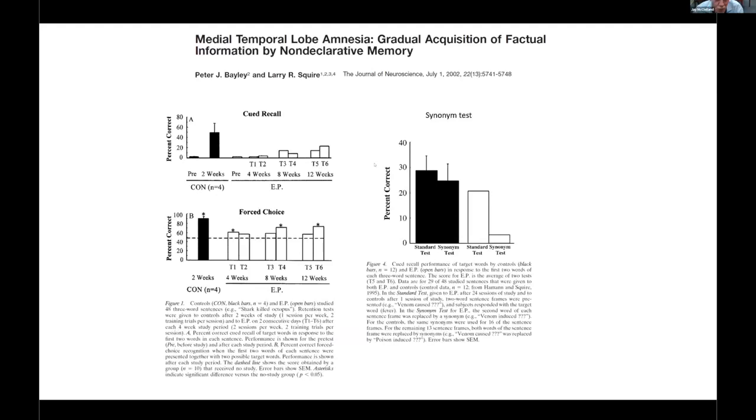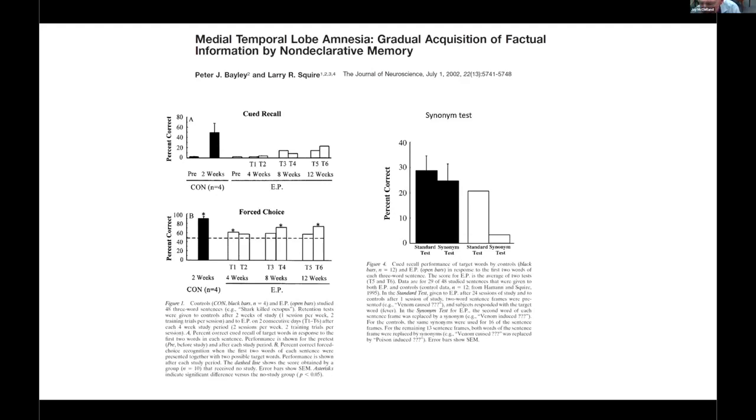Interestingly, and this is where it's related to, though not exactly the same as, the reversal curse finding, the control subjects could generalize to synonym versions of the previously learned items, whereas the hippocampal amnesic patient could not.